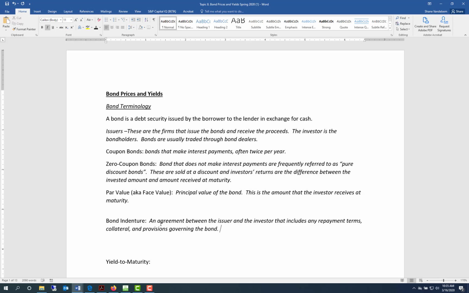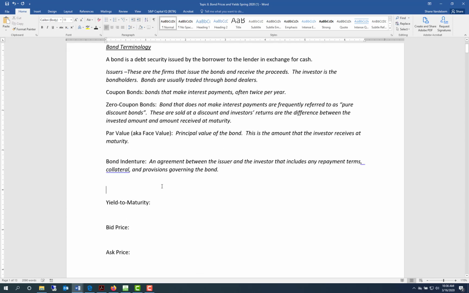And these can include things like positive covenants saying that the bond issuer has to do certain things like maintain certain ratios, or negative covenants which restrict the issuer from doing specific things like taking on additional debt. It's going to go through what the repayment terms are, how much each coupon payment's supposed to be, when the principal is supposed to be repaid, and things like that.